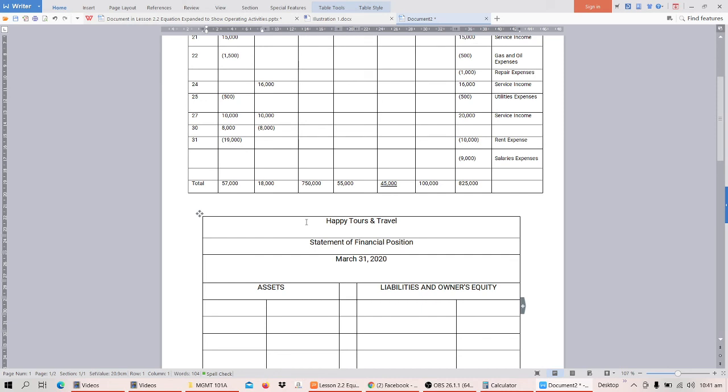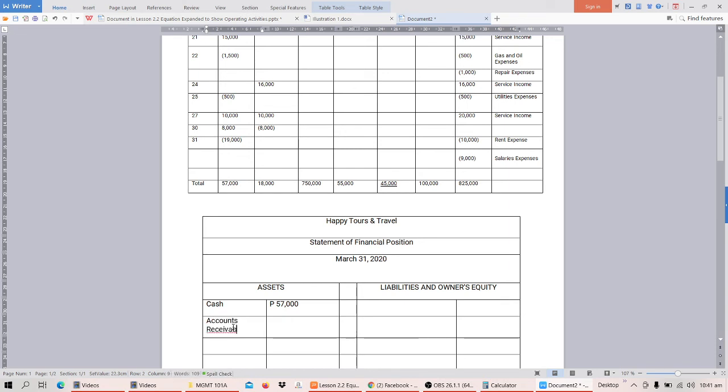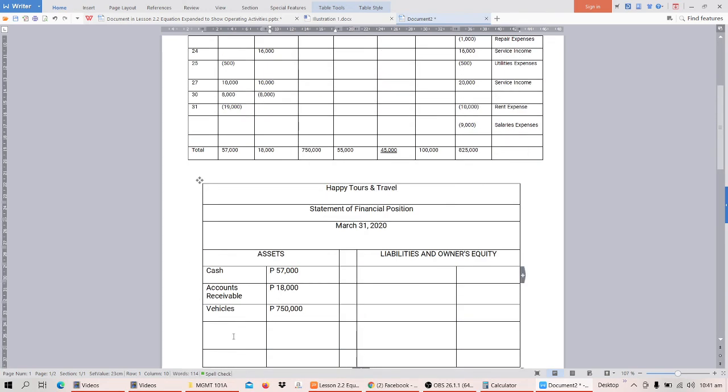So cash is 57,000. Okay. So now you have accounts receivable. Accounts receivable amount to 18,000. And then vehicles 750,000. What else?